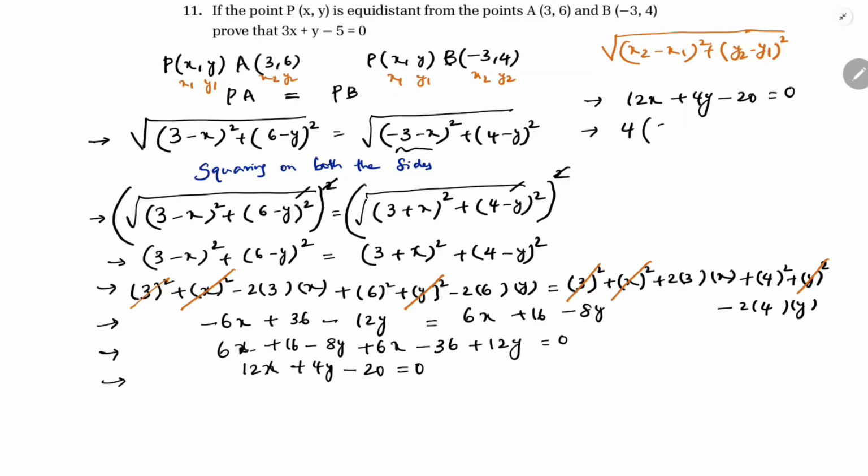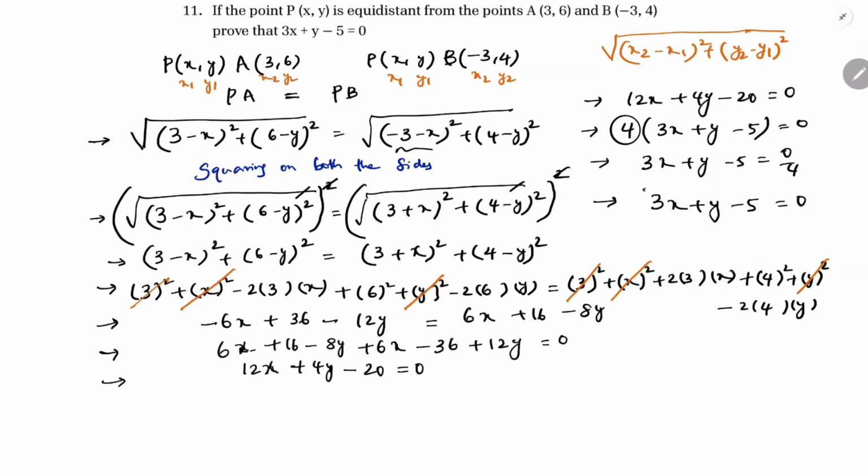If I take 4 common, 3x plus y minus 5 equals 0. Transposing the 4 to the right side, we get 3x plus y minus 5 equals 0 by 4, and 0 by 4 is nothing but 0. So 3x plus y minus 5 equals 0. This was the required answer, because we needed to prove that 3x plus y minus 5 equals 0.